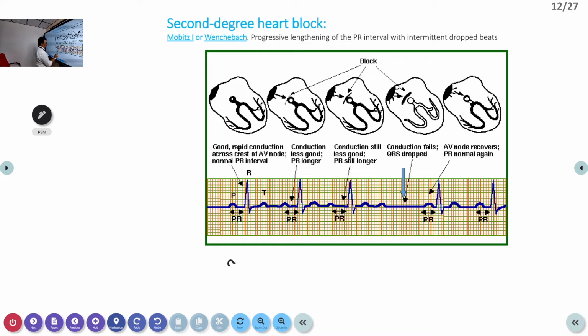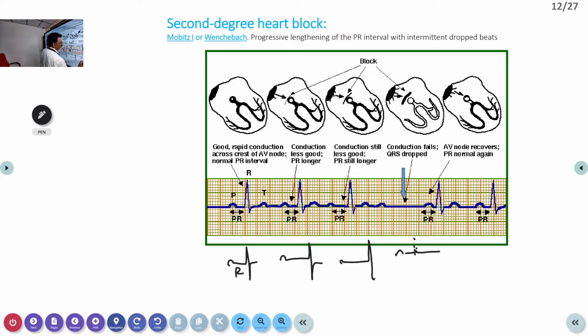So the first PR interval is okay. The second PR interval is prolonged. The third PR interval is again prolonged. And the fourth one, the P wave is there, but you are not getting any QRS complex.